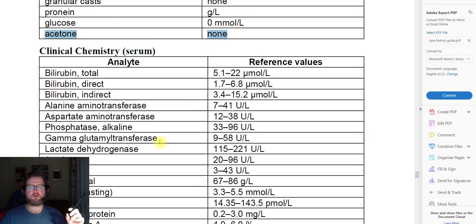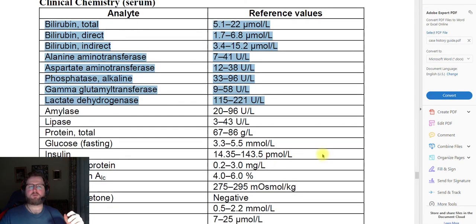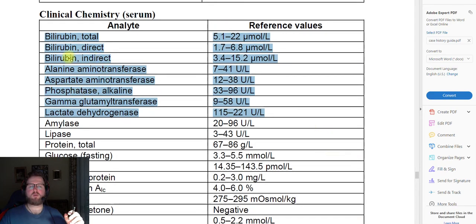Clinical chemistry reflects the functioning of the liver. As you can see, these are most of enzymes which show the information about liver functioning. You will learn more about what those liver enzymes are, and what they are needed for, in specific course of internal medicine.